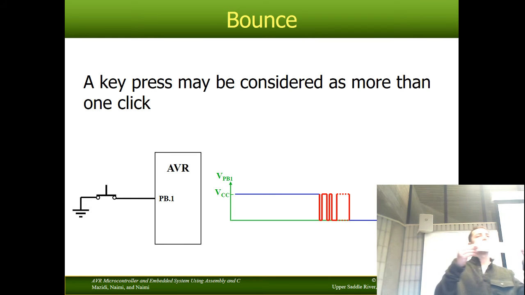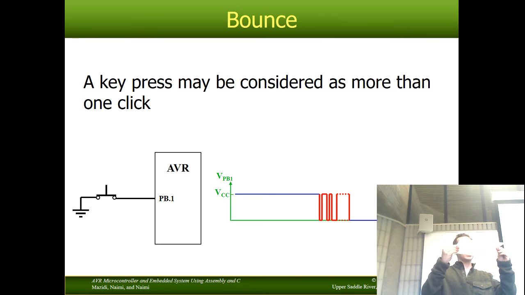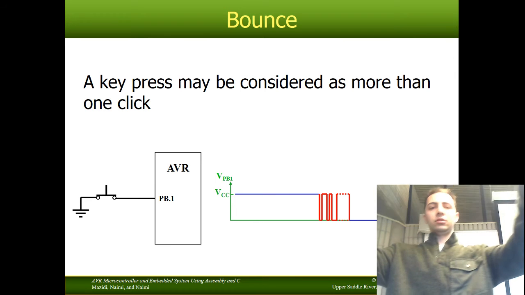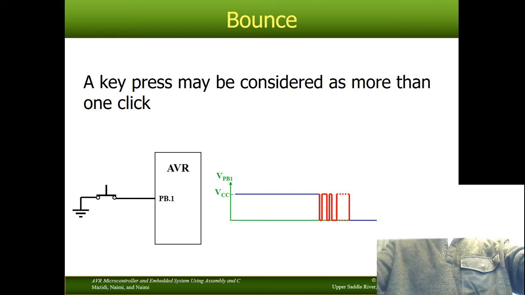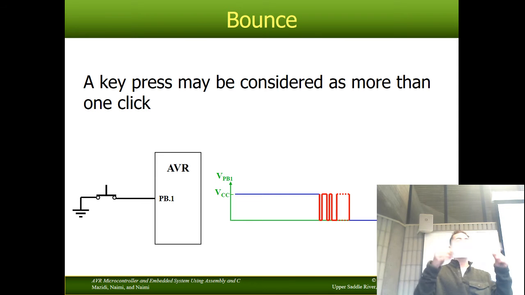Let's assume that this piece of paper is our button. It's a flat metal plate. It'll touch the top of this, and then it'll make contact. That'll complete the circuit. It's just a metal switch. The problem is metal has a bit of flex to it. So if your metal is like this, it'll tend to oscillate a little bit before it finally settles into its down position. And the same thing will happen when you release it.